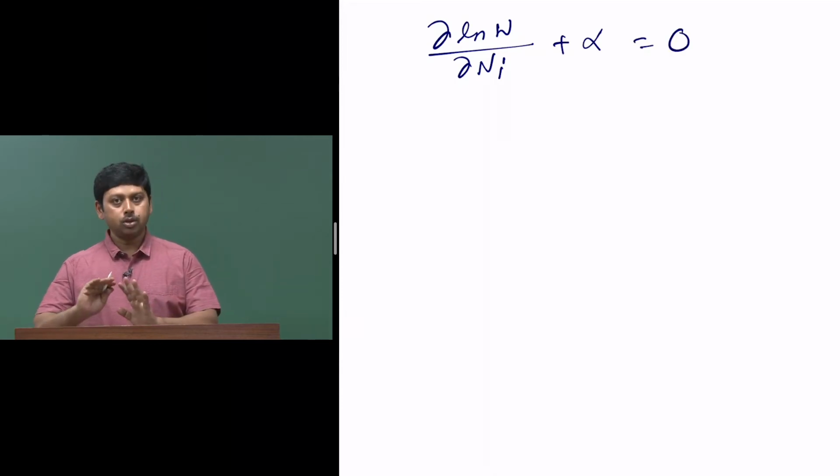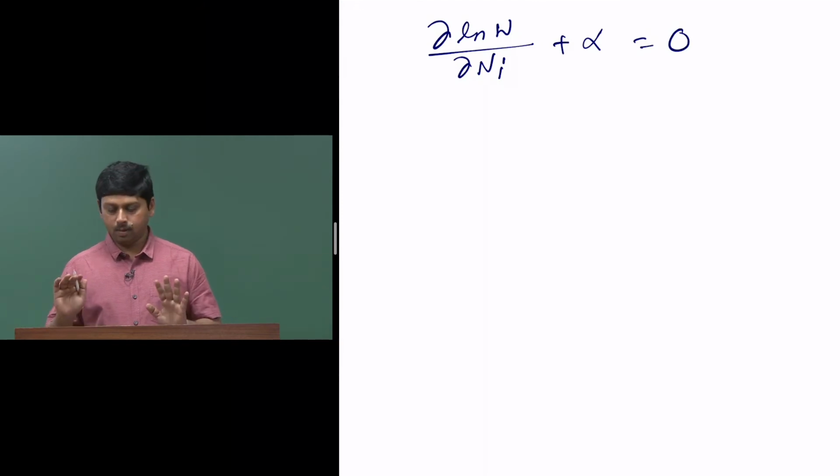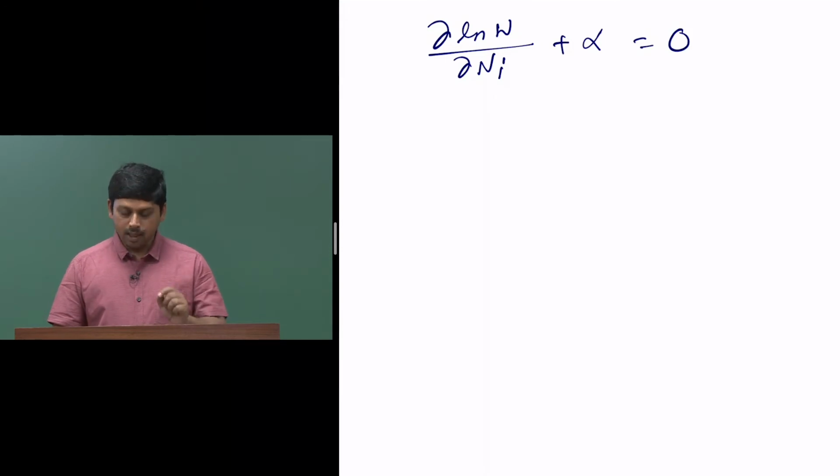Which means we have to show that ∂ln W/∂n_i plus alpha is equal to 0. We have to use this particular constraint, this particular formula, in order to show that it is equal to 0. Now, let us do that.